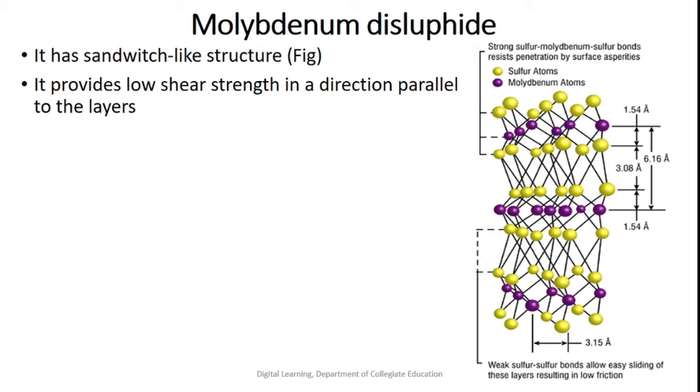It provides low shear strength in a direction parallel to the layers because of poor interlaminar attraction.